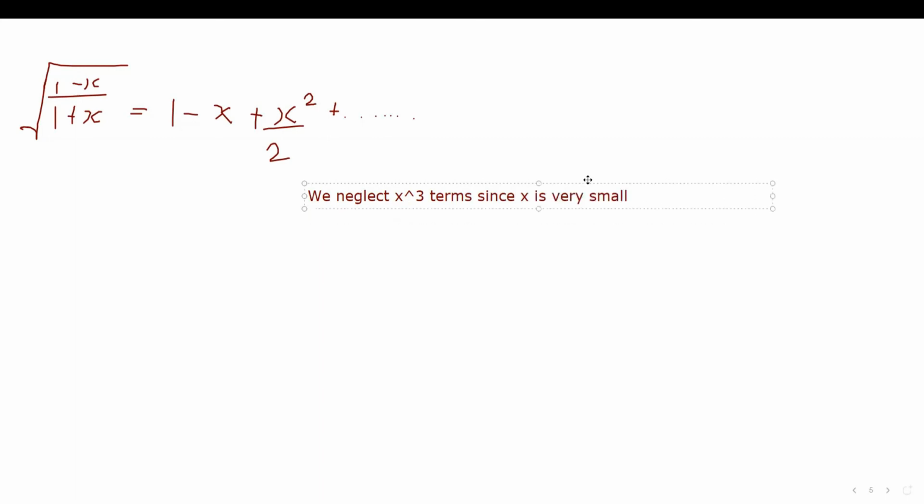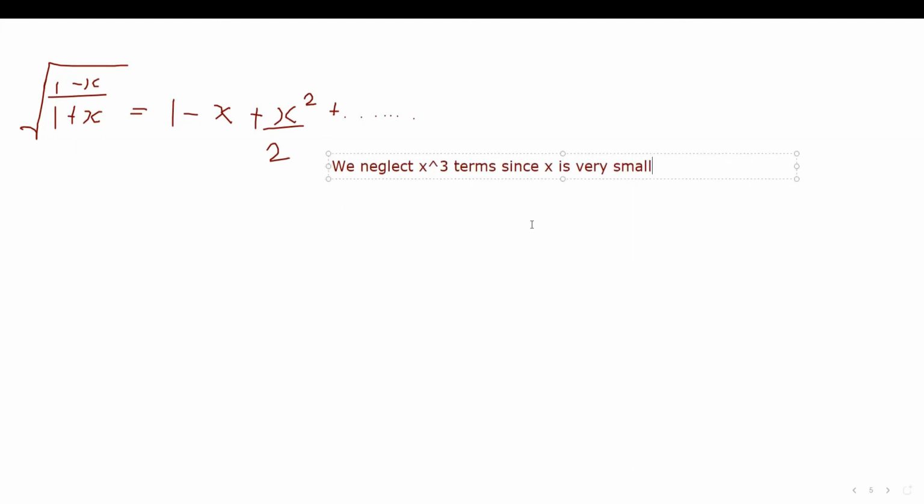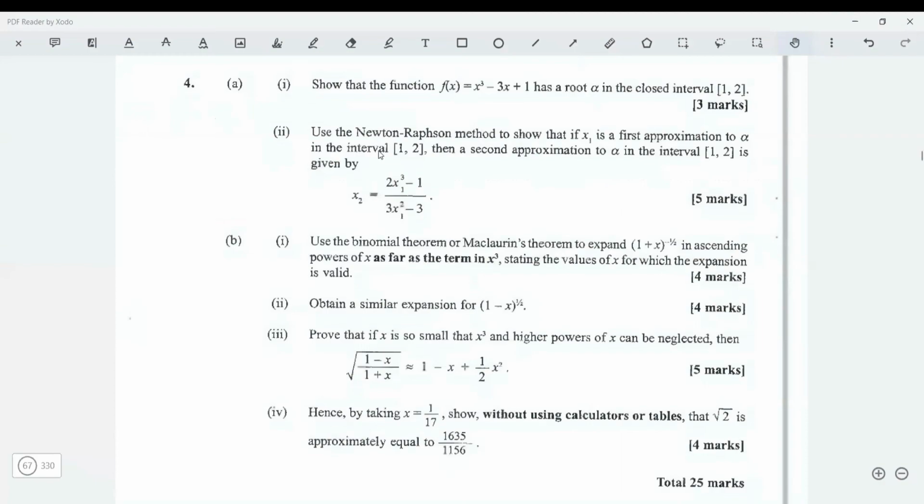So we don't need to worry about the x cubed term here. Right, Marika? Yes, sir, because that's what they said. X is so small that x cubed and higher powers can be neglected, meaning take them as 0.